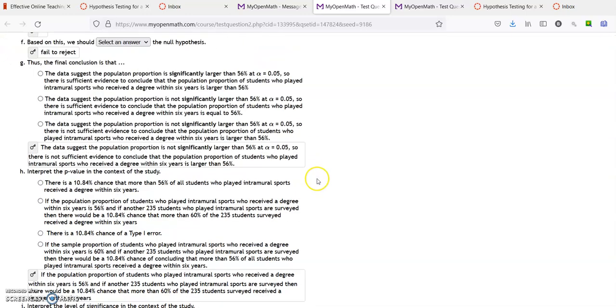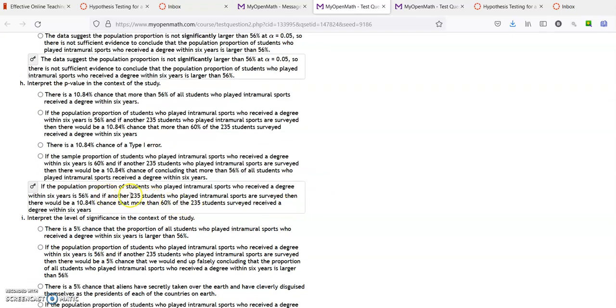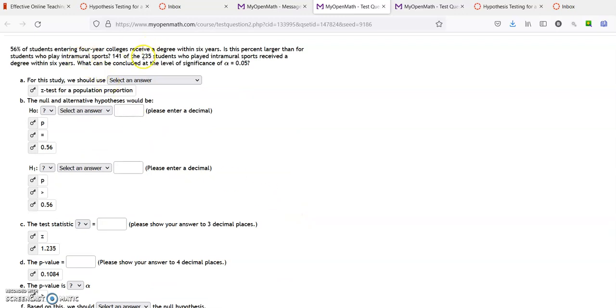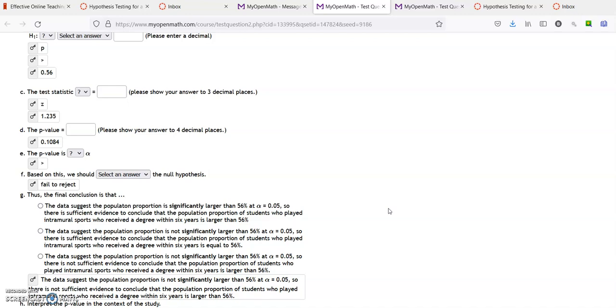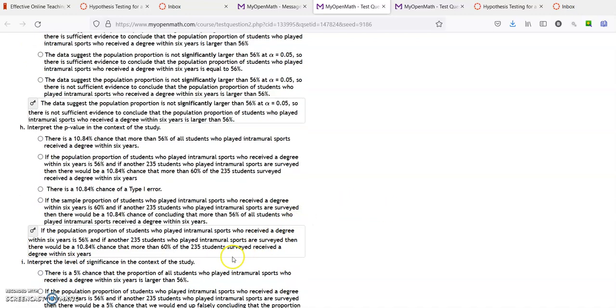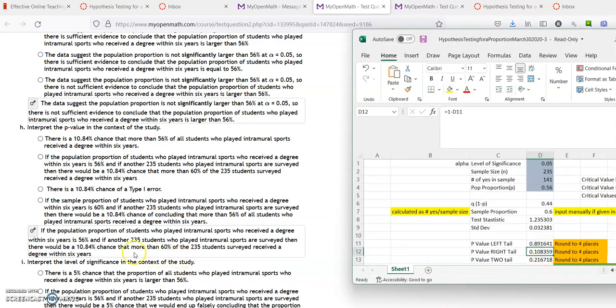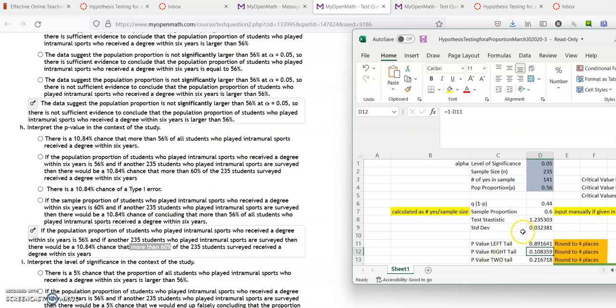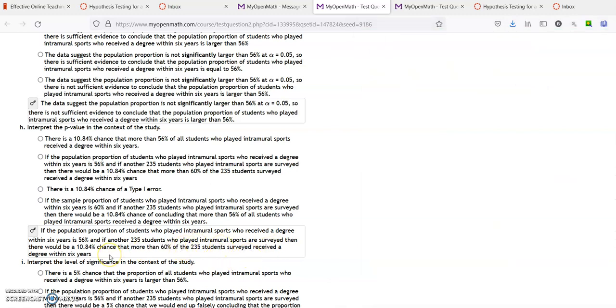If it is 56%, and if another 235 students were surveyed, the 235 coming from this sample, then there would be a 10.84% chance, and that 10.84 came from right here, the p-value, that more than 60%. How did I get more than 60%? Because it's a right-tail test, and they said more than, and the sample proportion, 0.6 or 60% of them, received the degree within 6 years.